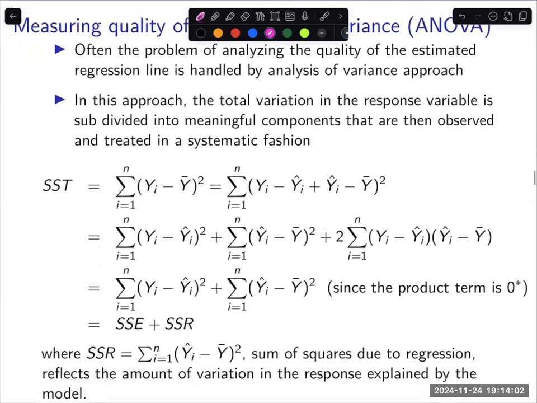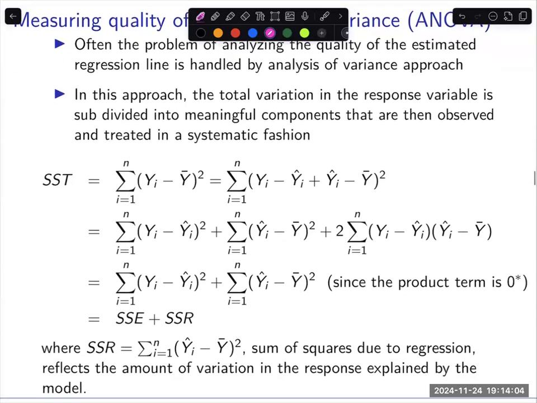As you can see here, we have the SST, the sum of squares total, which is the sum of yi minus y bar squared, which represents the maximum possible variation observed in the data. This term can be decomposed into two terms by subtracting and adding yi hat.